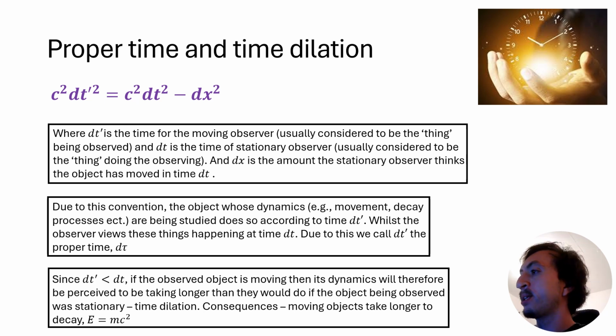It tells us how dt prime over dt will vary depending just on the velocity of the moving observer. Then we'll use this to get one component of the Lorentz transform explicitly in terms of velocity, and then using hyperbolic identities we can get the other components.